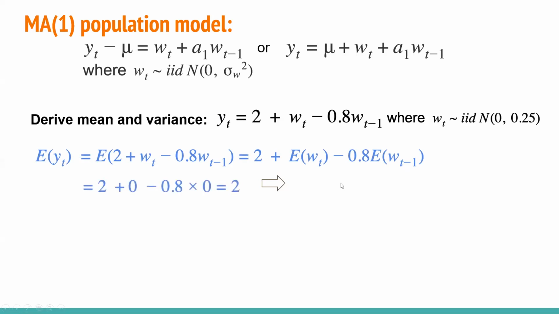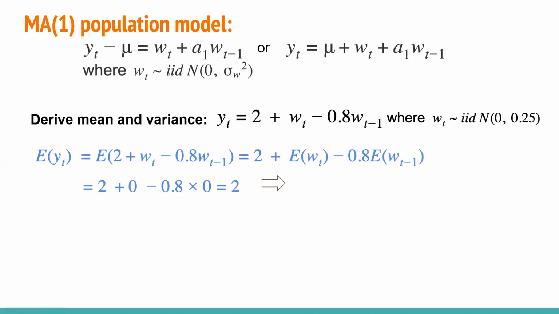And the expectation of a white noise, take a look at that. The mean of a white noise is equal to 0. The expectation of a white noise at any period, at the current period, at the immediate past period, and so on, is going to be 0, because they are unpredictable.